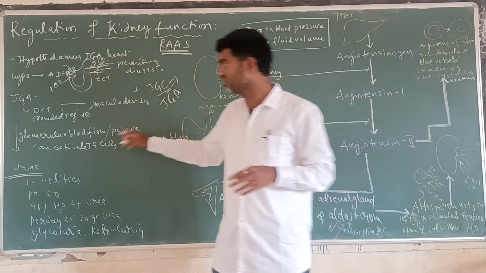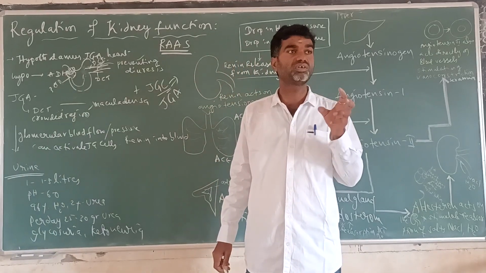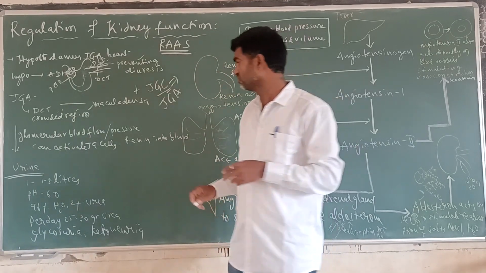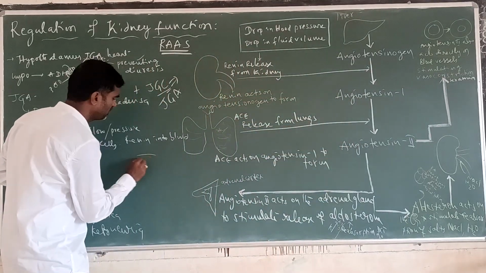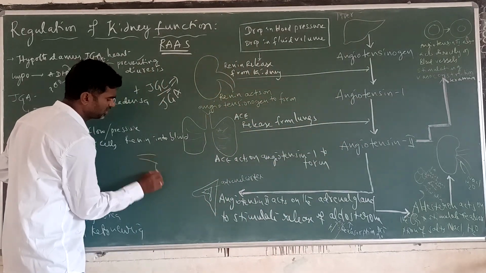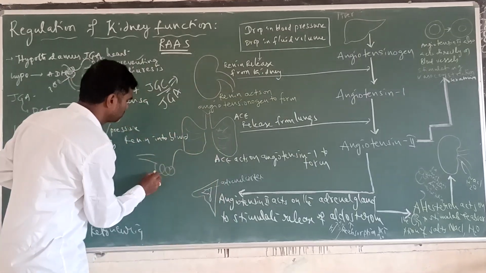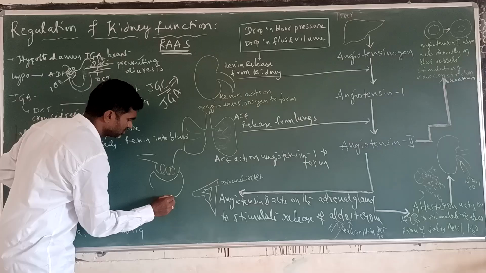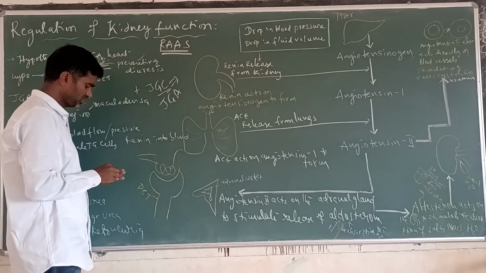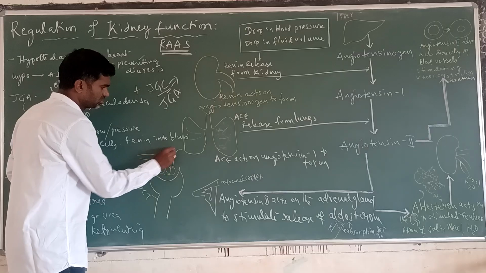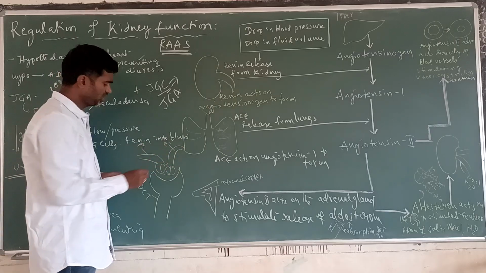Now, sometimes what happens here is a fall in glomerular filtration. We know about the efferent renal arteriole. This is the glomerulus, and it is called the Bowman's capsule. It is the PCT.